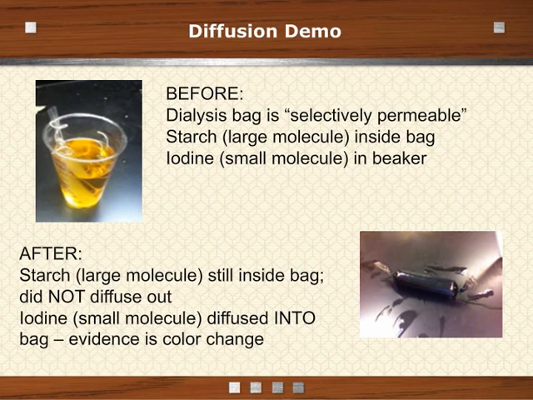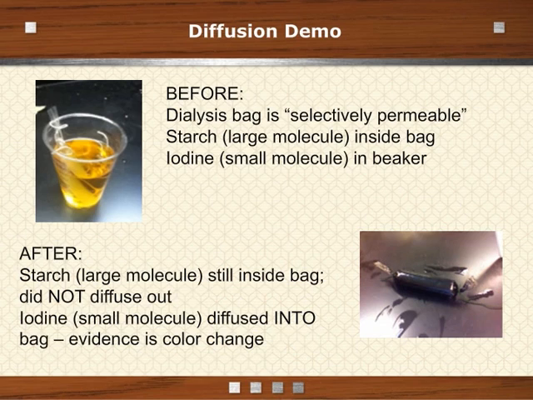And we have evidence that this happened because as the iodine came into contact with the starch, the solution turned colors. You learned in Module 2 that this is an indicator for starch, and that is what happens in the presence of starch.